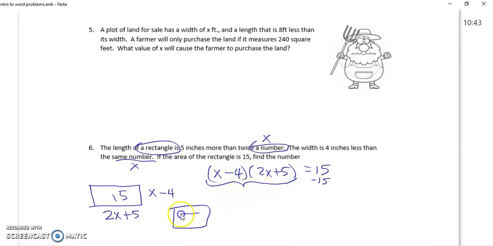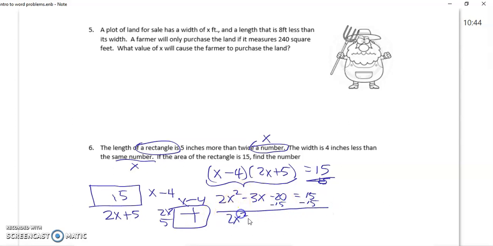So I'd come over here, do my box, x minus 4, I know this is messy, 2x plus 5, I work through it, I'd end up with 2x squared minus 8x plus 5x, that's negative 3x, and minus 20, and that equals 15. Now, when I try to subtract 15, I can, because there are no parentheses, and there's a like term that you can subtract it from. So it's 2x squared minus 3x minus 35, and that equals 0.